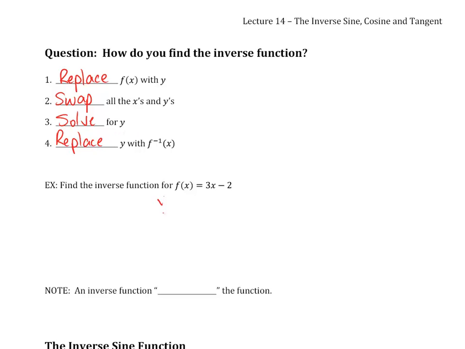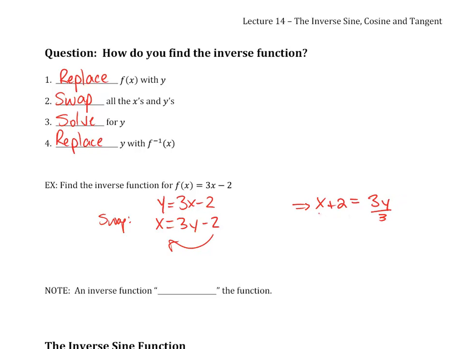So like this guy, y is equal to 3x minus 2. If you swap all the x's and y's, you end up with x is equal to 3y minus 2. Everywhere there's an x, put a y. Everywhere there's a y, put an x. Now solve for y. So move the 2 to the other side. You have x plus 2 is equal to 3y.